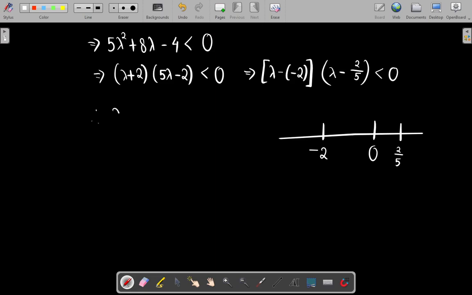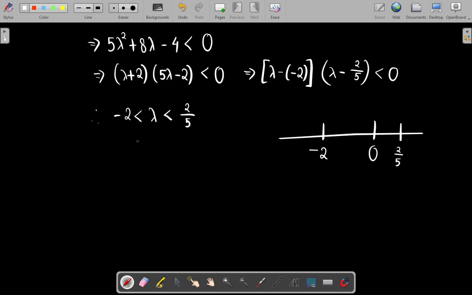So this will imply that lambda will be larger than the smaller value and smaller than the larger value. That is lambda will lie in between these two values.